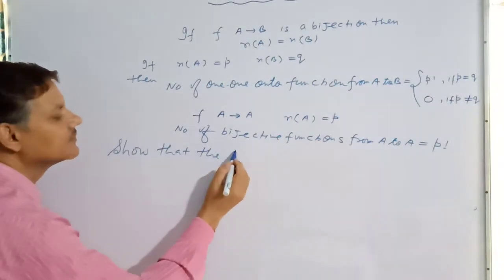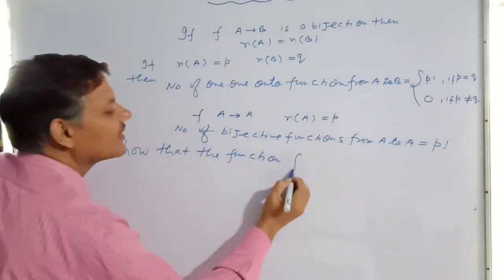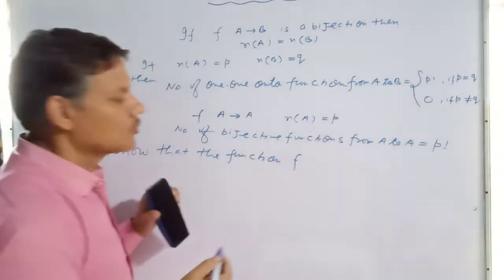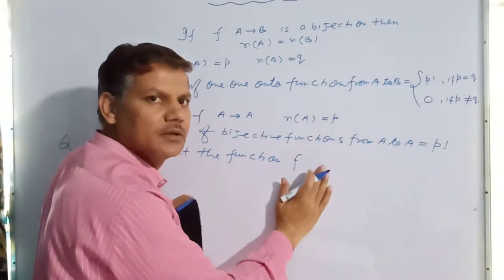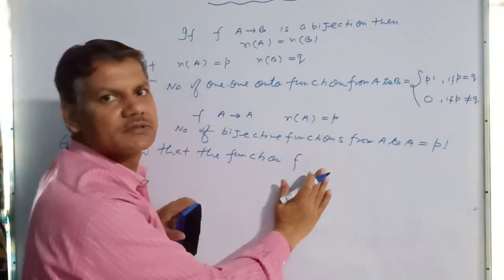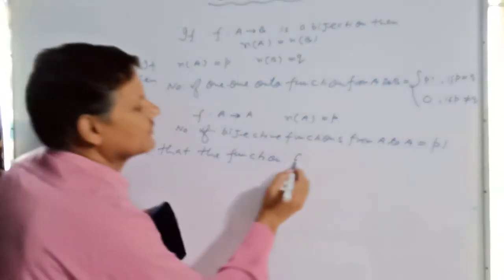The function f totally depends on its domain and codomain. It may be a bijective function for the set of real numbers, may not for natural numbers, may not for integers. So we have to see them seriously.